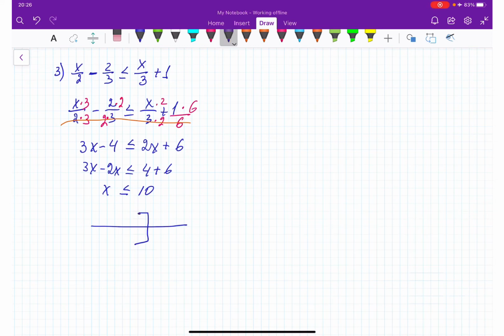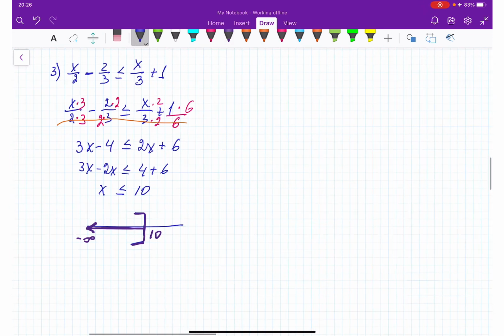And it's going to come from negative infinity. This is 10, this is negative infinity. In interval notation, the smaller number comes first, which is negative infinity with a parenthesis, and 10 is included in a square bracket because we have less than and equal.